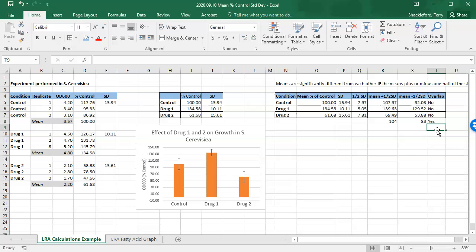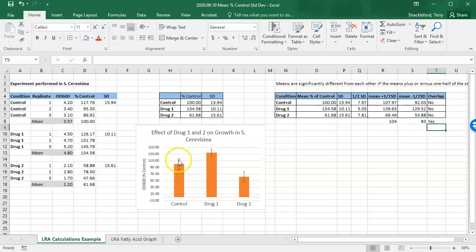Now you may need to think of this visually as well, because I know when I'm thinking of this, I am thinking of these error bars. And we had talked about if the error bars overlap, there's a possibility that this data is not significantly different from one another. And we saw in our graph here that really the error bars are not overlapping, right?